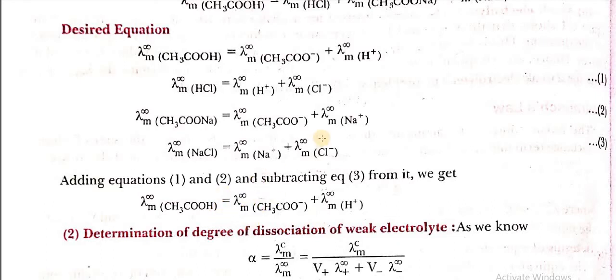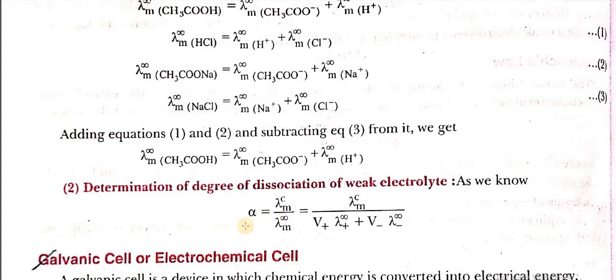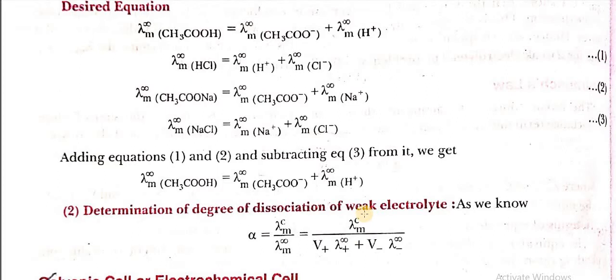So this will be the application of Kohlrausch law. It also helps to determine the degree of dissociation of a weak electrolyte by using this formula: degree of dissociation equals lambda m by lambda m at infinite. So it will be used to calculate the degree of dissociation for a weak electrolyte.